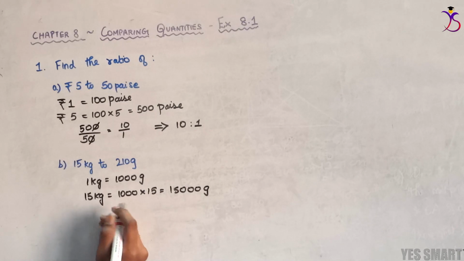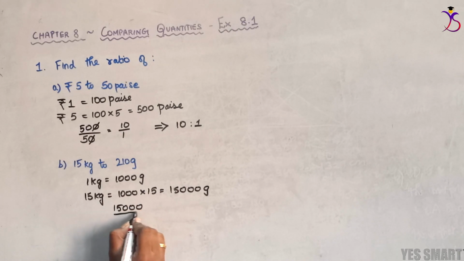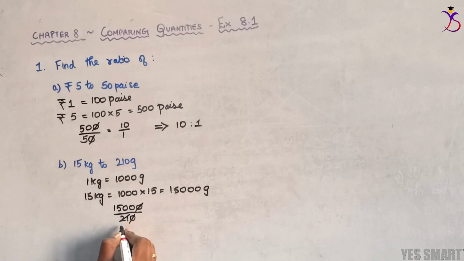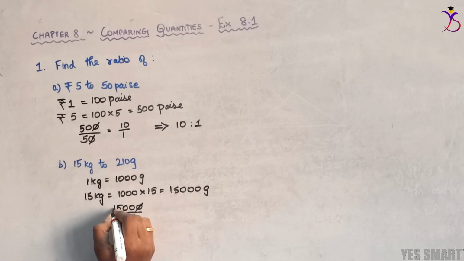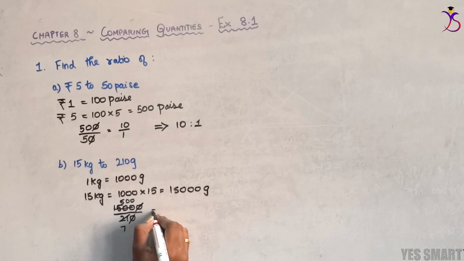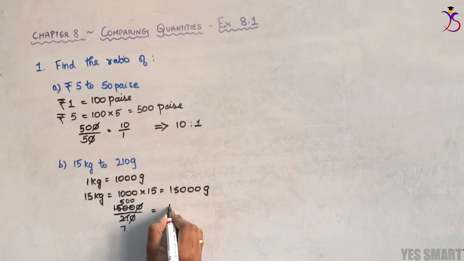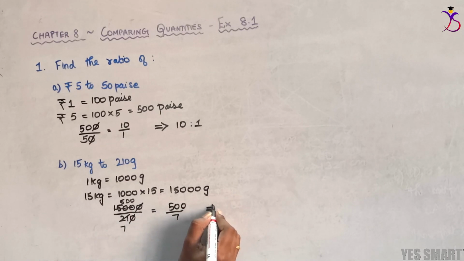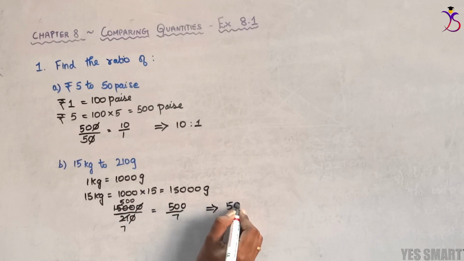Let's compare 15,000 divided by 210. We are finding the ratio. 0, 0 cancels. 3 sevens are 21, 3 500s are 1500. So we have 500 by 7, which is 500 is to 7.